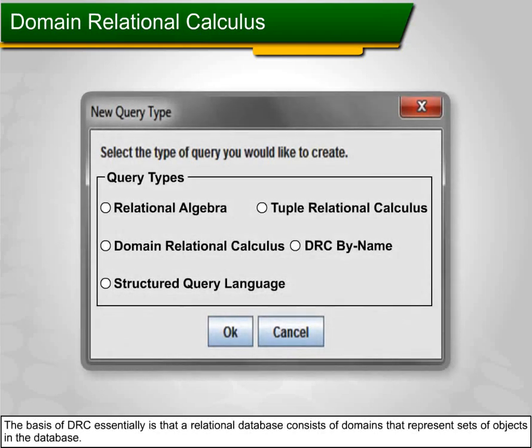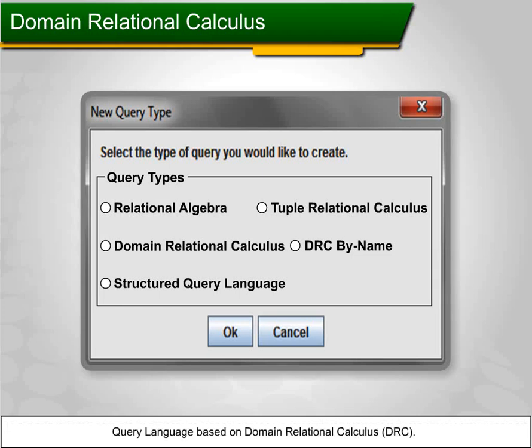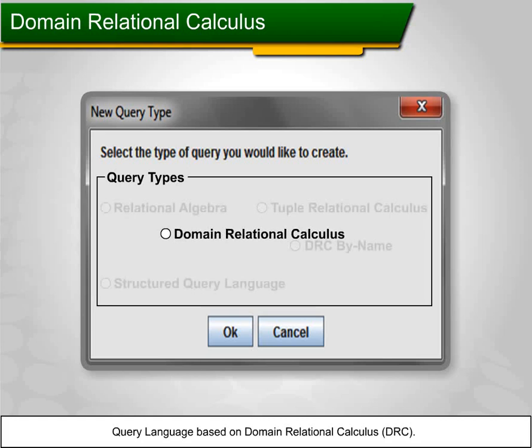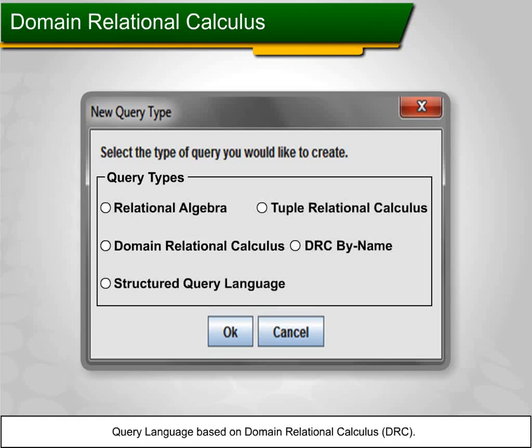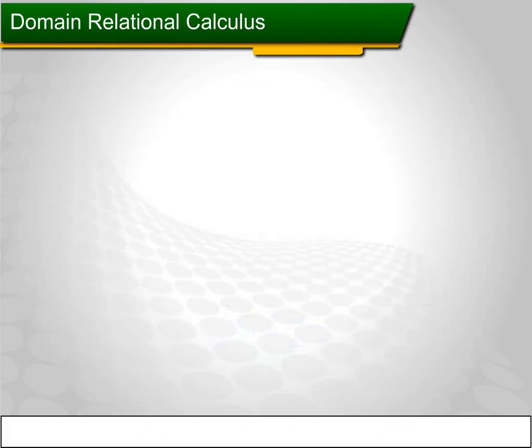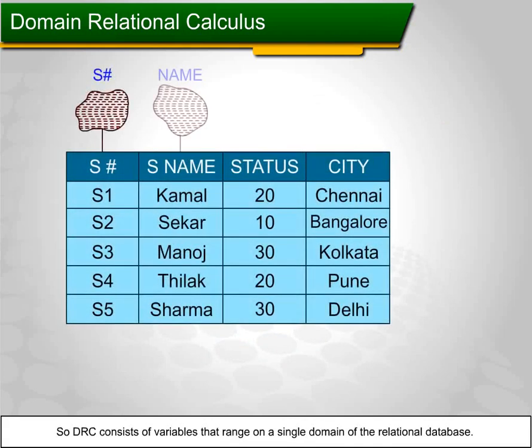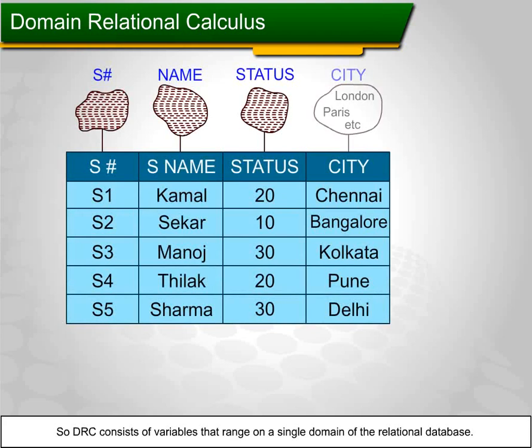The basis of DRC essentially is that a relational database consists of domains that represent sets of objects in the database. It is a query language based on domain relational calculus. So, a DRC consists of variables that range over a single domain of the relational database.